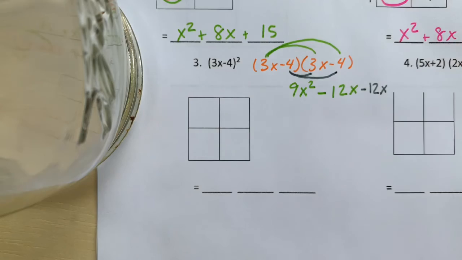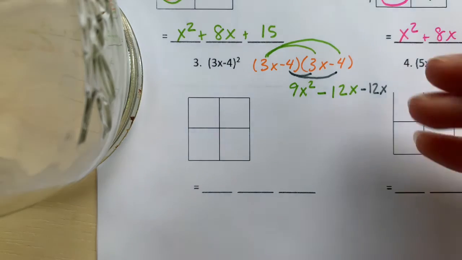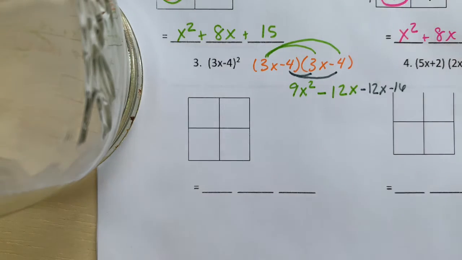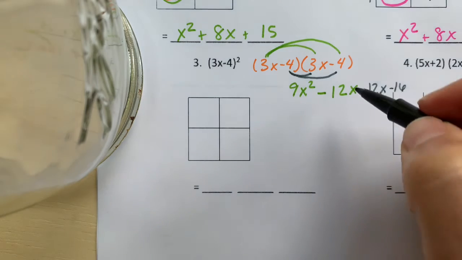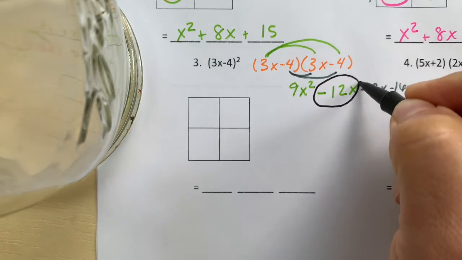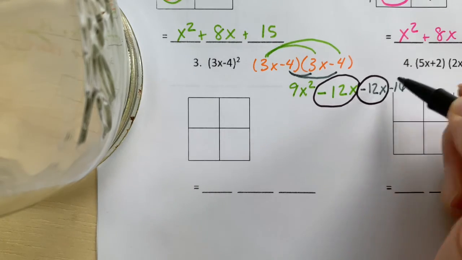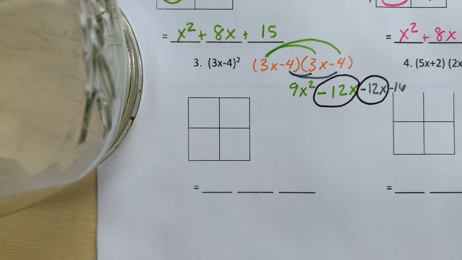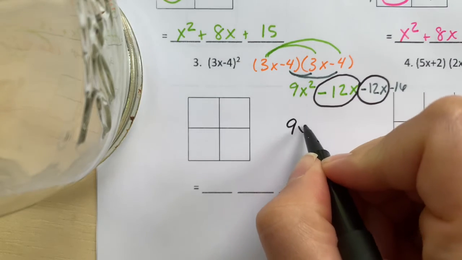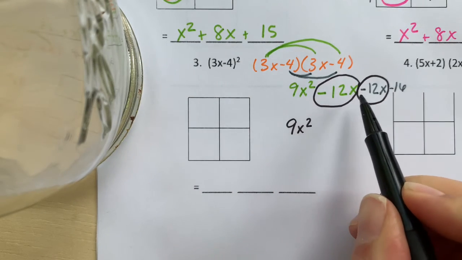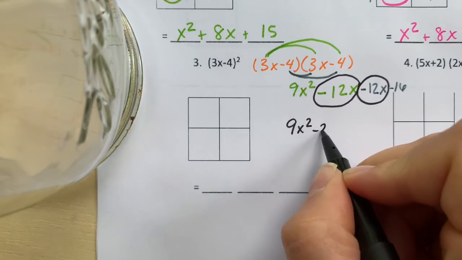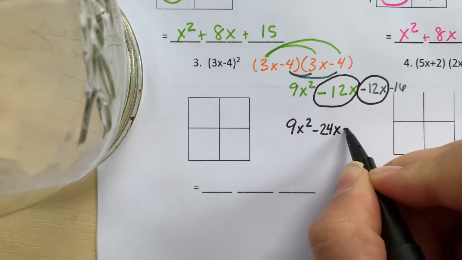Negative 4 times a negative 4 is a negative 16. I have to add anything that's exactly the same, which is a negative 12x and a negative 12x. That means that I will have 9x squared. Negative 12 plus a negative 12 is a negative 24x minus 16.